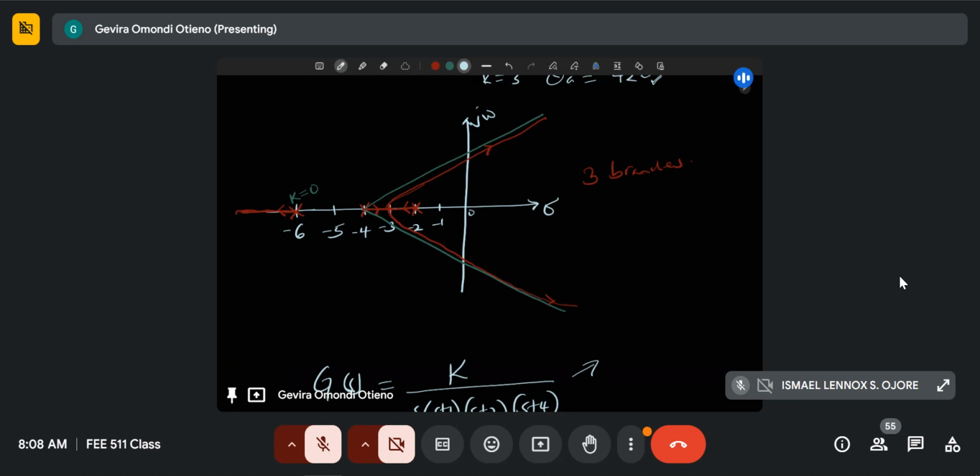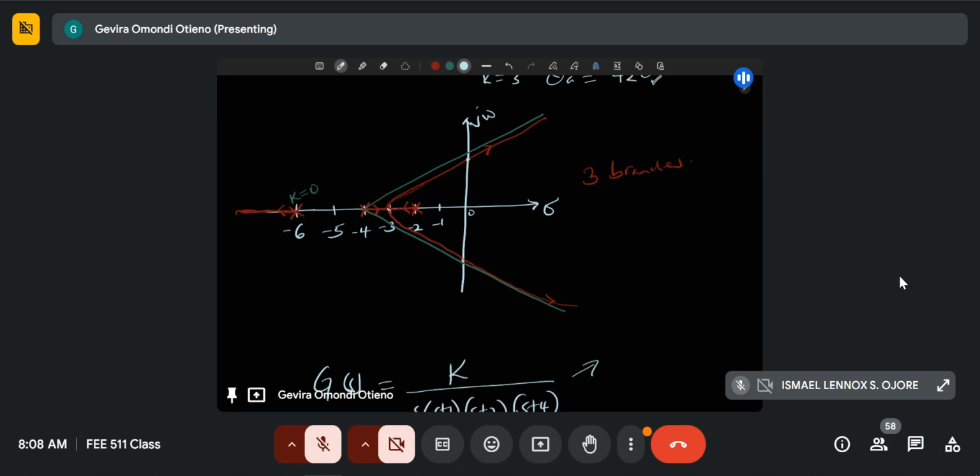Number one, it does not provide for us the point at which the pole leaves the real axis, what we were referring to as the breakaway point. It also does not provide the point at which the root locus crosses the j omega axis, the imaginary axis, what we refer to as the j omega axis crossings. So we know it crosses the j omega axis, but we don't know the exact point.